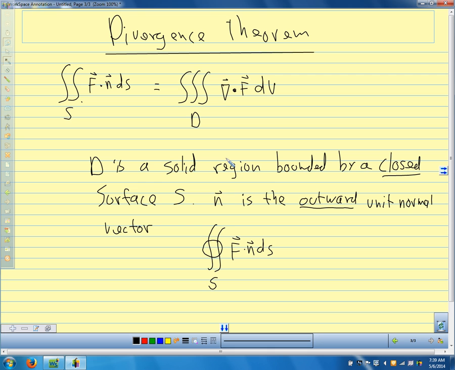All right, so let's look at a couple of examples using the divergence theorem, and this is going to lead us to finally being able to come up with a physical interpretation of what the divergence is. We talked about the divergence in one of the first lessons in the chapter. We never really had an idea of what divergence is. All right, questions before we go on? Okay.